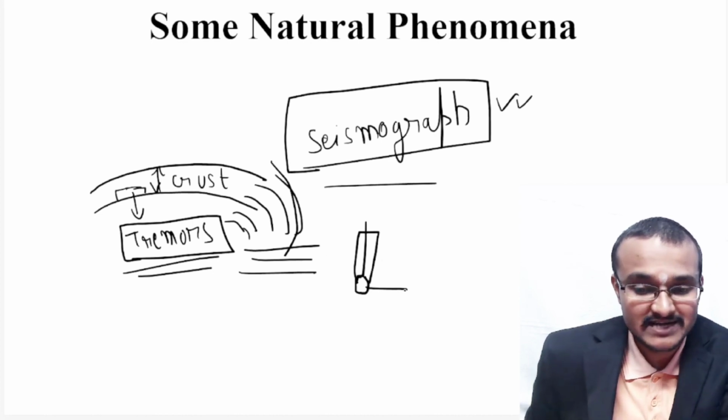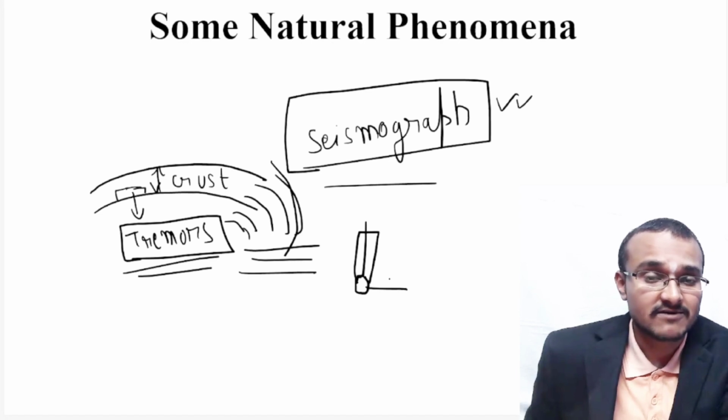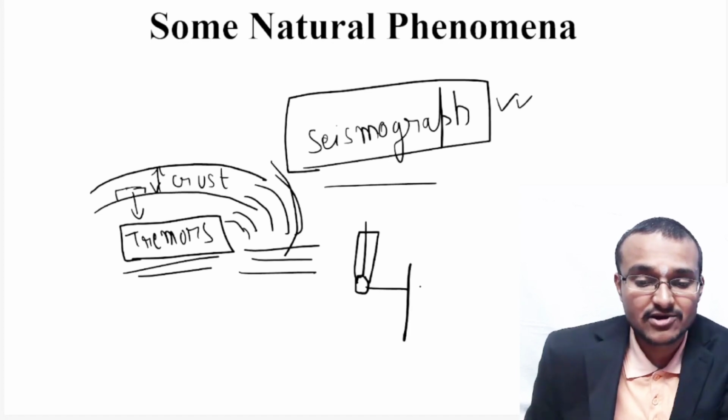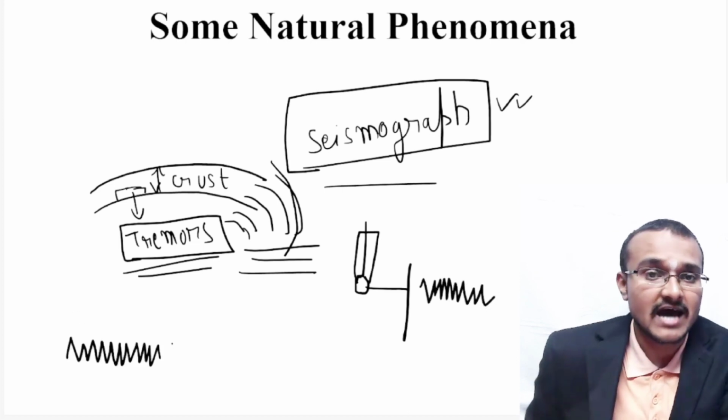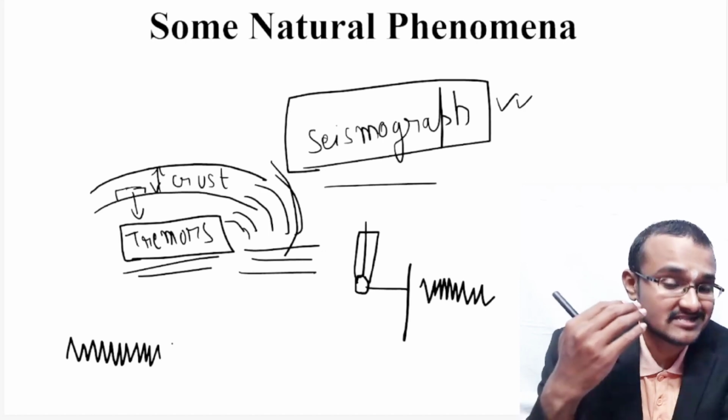At that time, the pen attached to the pendulum or vibrating rod will record the intensity of the vibrations. That shows how intense the tremors are.